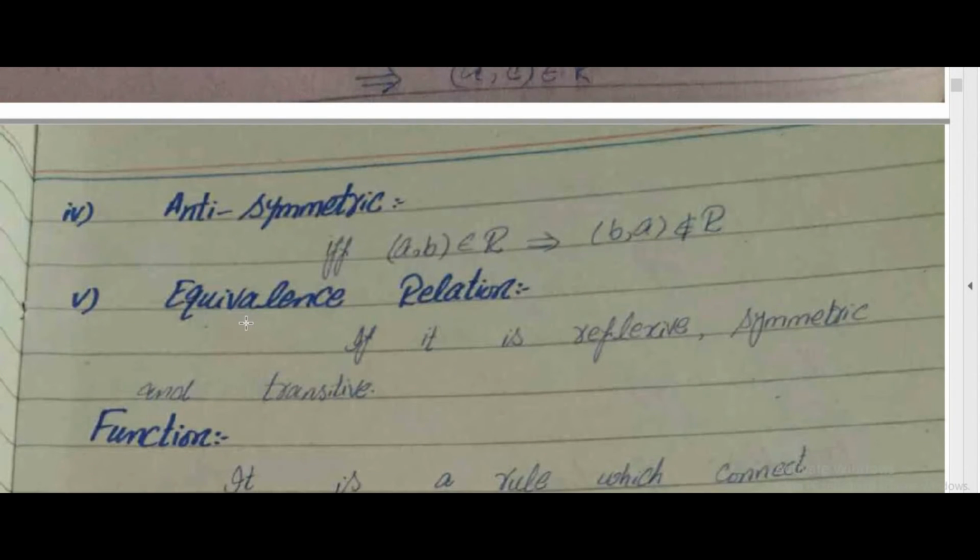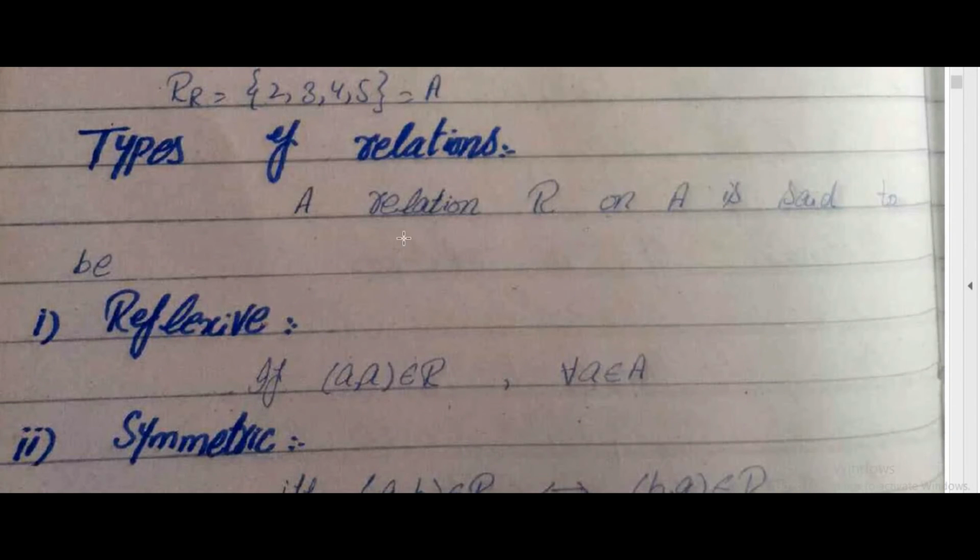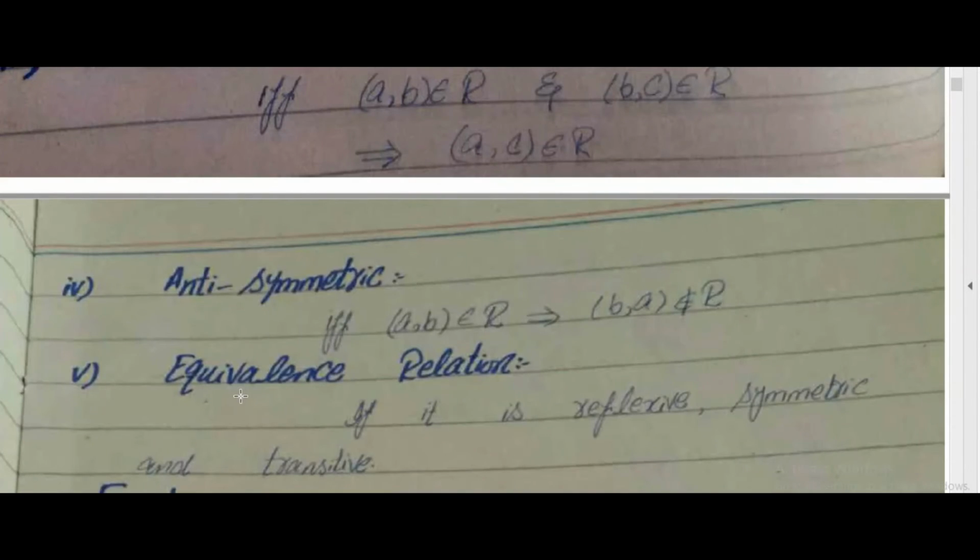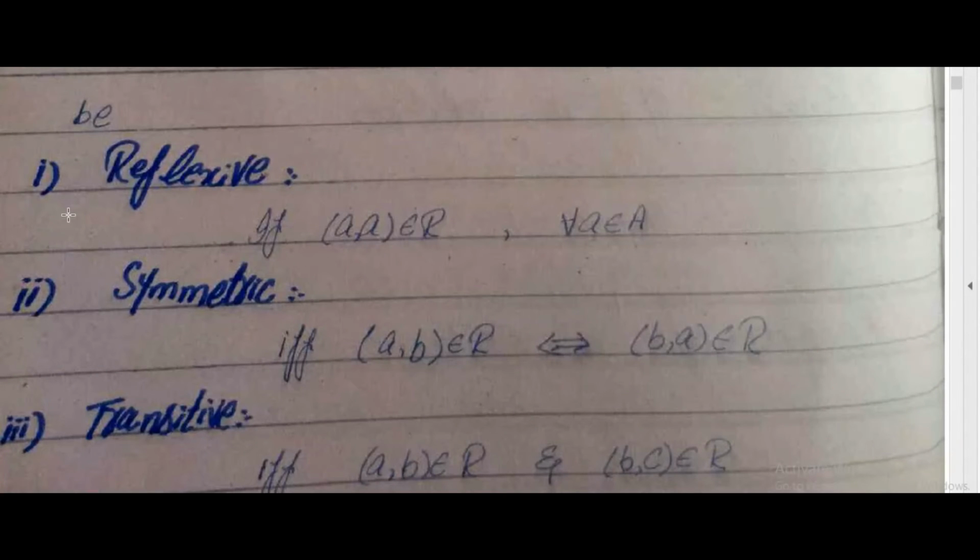And then the next definition is an equivalence relation. What we say in an equivalence relation: a relation is called equivalence if it is reflexive, symmetric and transitive. So here is the definition. It means a relation is called equivalence if it satisfies the properties of reflexive, symmetric and transitive.